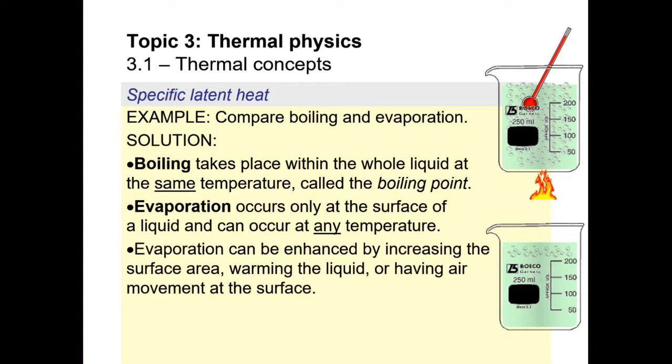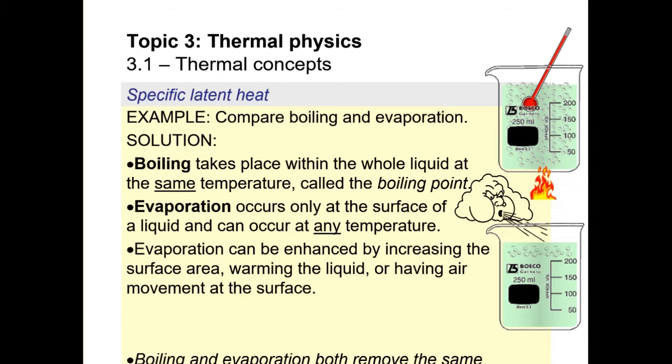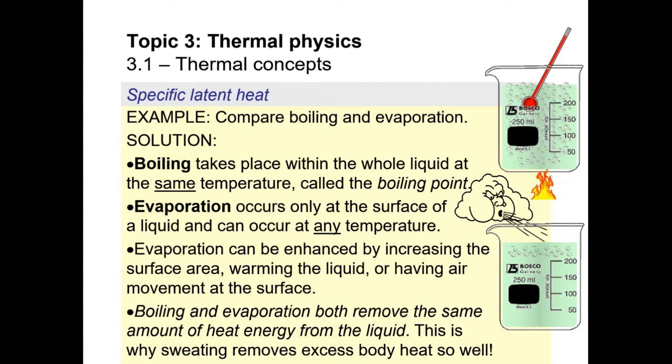Evaporation can be enhanced by increasing the surface area, warming up the liquid, or having movement like wind at the surface. Boiling and evaporation both remove the same amount of heat energy from the liquid. This is why sweating removes excess body heat so well.